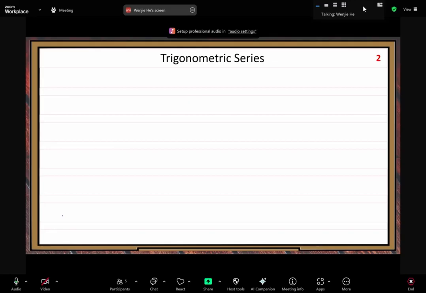Here is the typical trigonometric series. What do we mean by the trigonometric series? Here you can see it's a summation. In this summation, we need to include all these terms. First, a constant term.